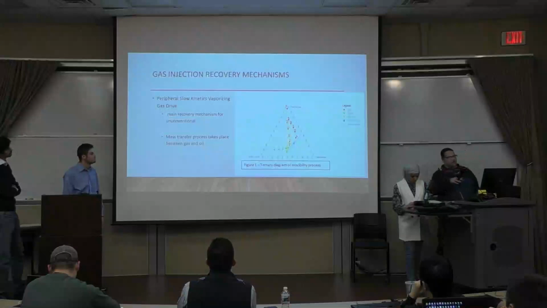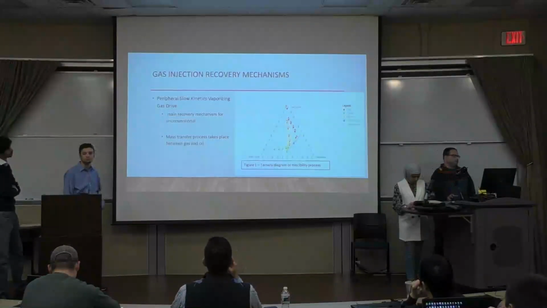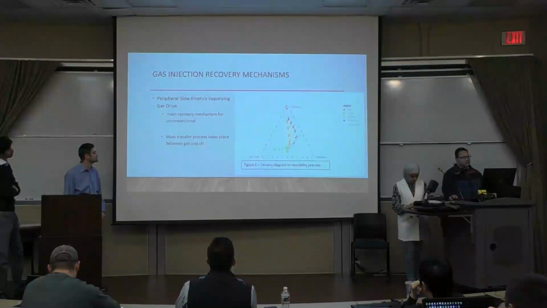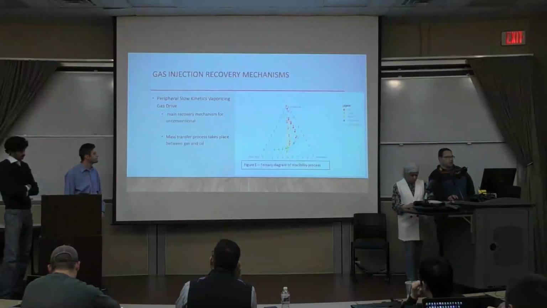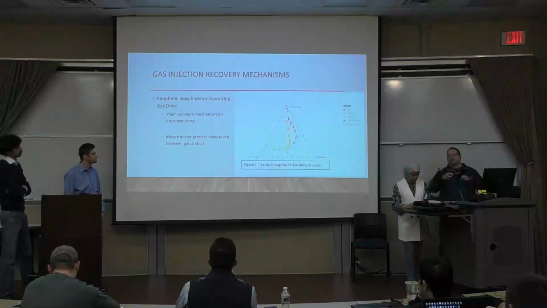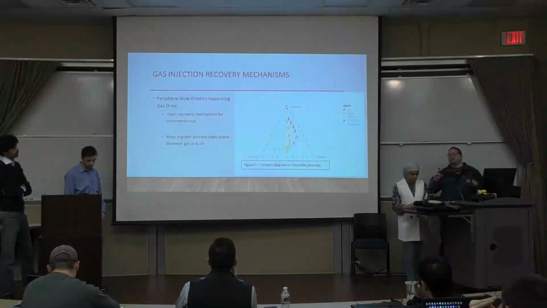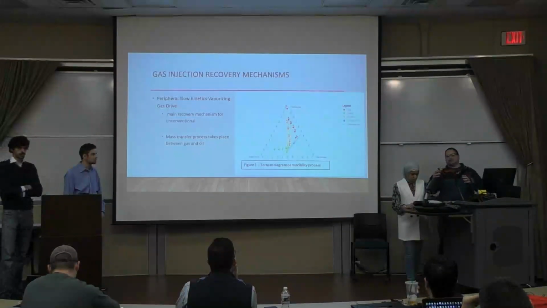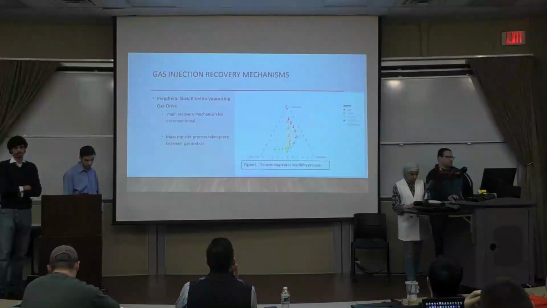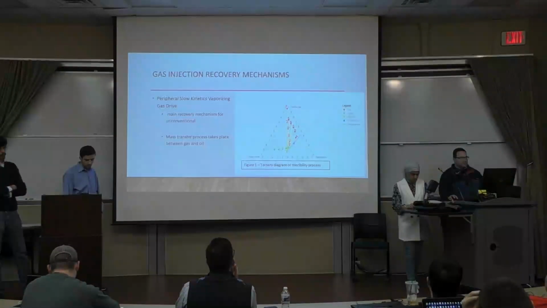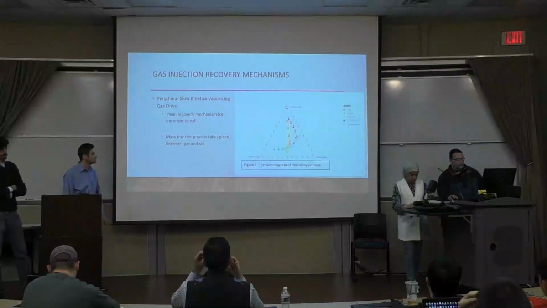We also have this kinetics vaporizing gas drive, and this is the main drive mechanism. Understand that once we get to minimum miscibility pressure, it's not instantaneous. There's a mass transfer process that takes place. Our gas is injected down to this point, and here's our reservoir crude.